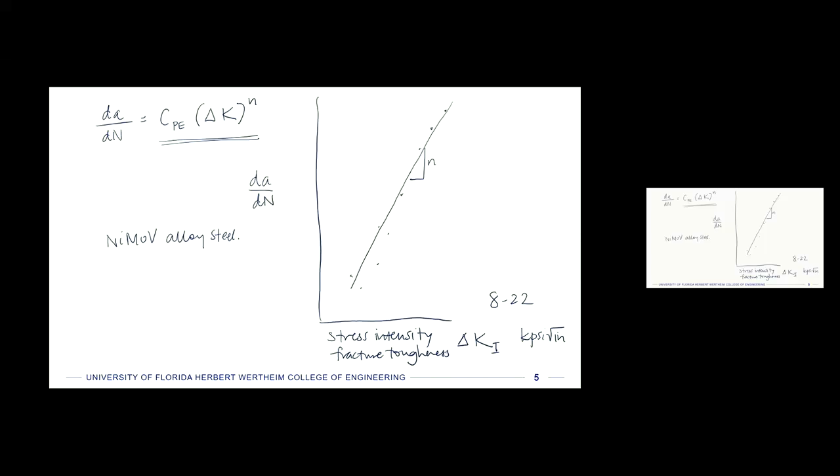For any particular material like this nickel, molybdenum, vanadium steel, the slope of that line can be approximated as 3, so it's like delta K to the third power. And then the empirical coefficient, that C_PE, is 1.8 times 10 to the minus 19, I think.